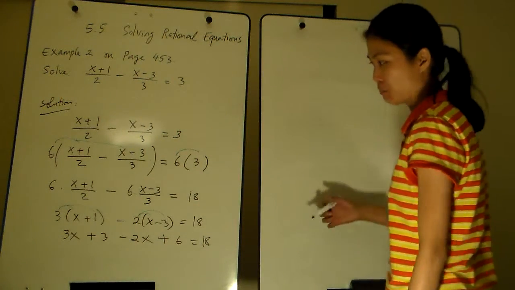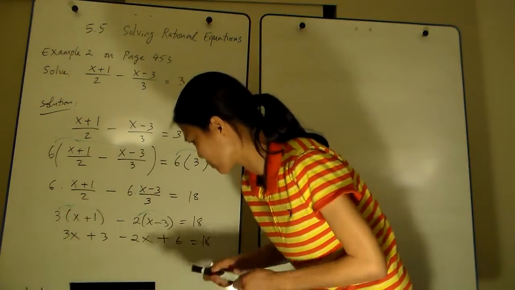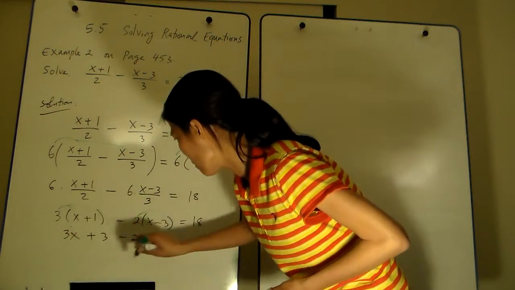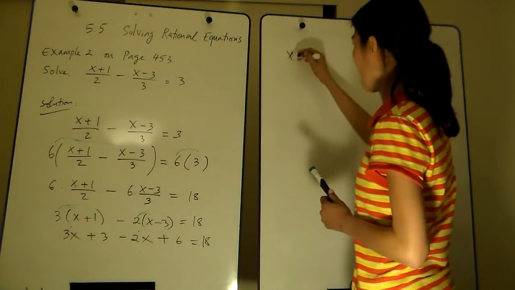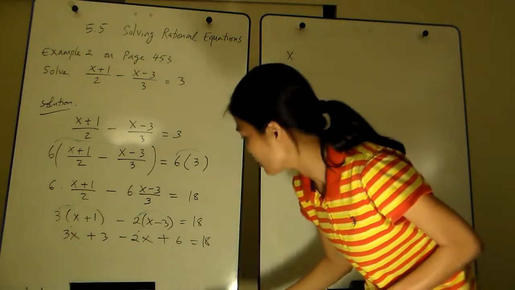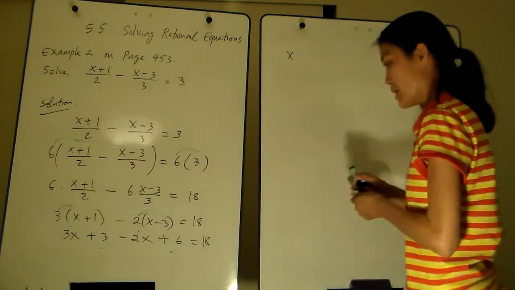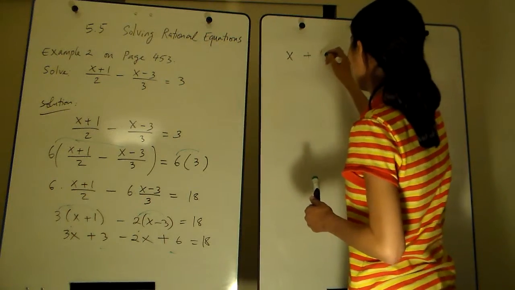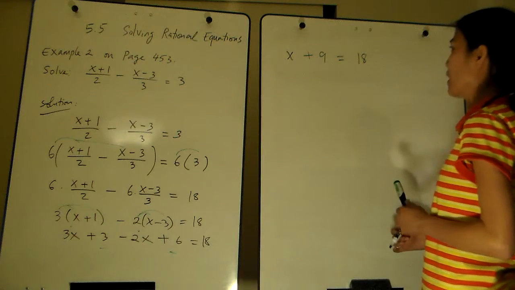Now, combine like terms. On the left-hand side, you have 3x minus 2x. So 3x minus 2x is x. Okay. The constant terms are 3 and 6. So 3 plus 6 is 9, equal to 18. All right.